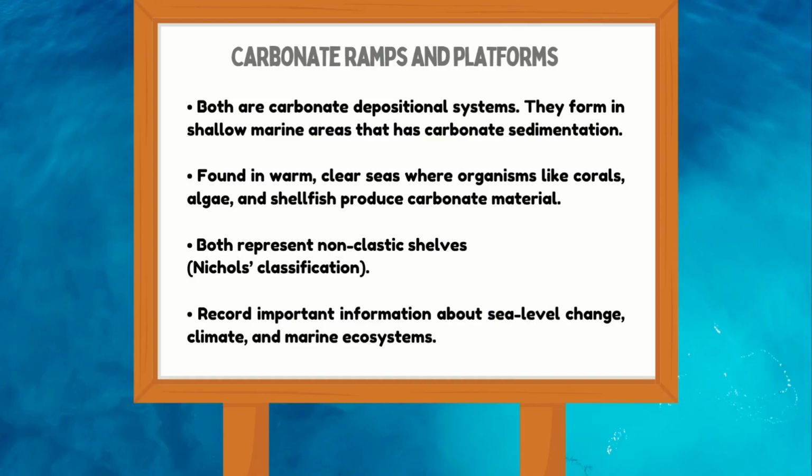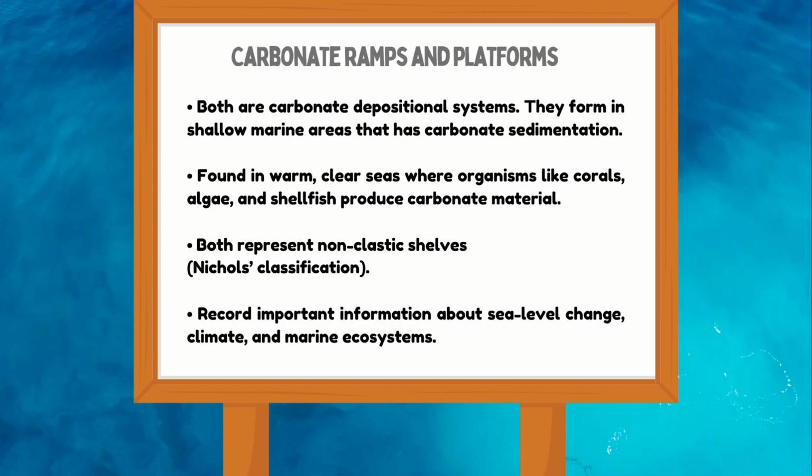So, in this slide, we will talk about carbonate ramps and platforms. Carbonate ramps and platforms are carbonate depositional systems that develop in shallow marine environments dominated by carbonate sedimentation. They are typically found in warm, clear seas where organisms such as corals, algae, and shellfish produce carbonate sediments.